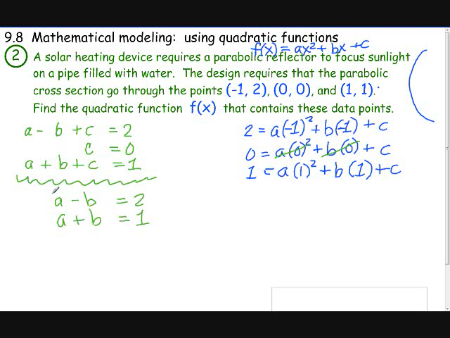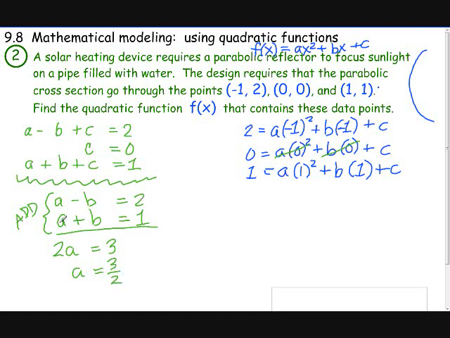Now I'm so fortunate I can just add these two, and I get 2a, my b's cancel out, equals 3. So my a is equal to 3/2.